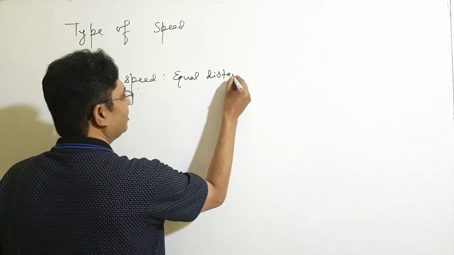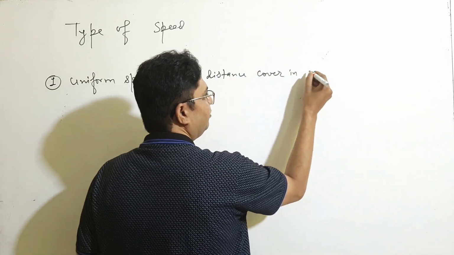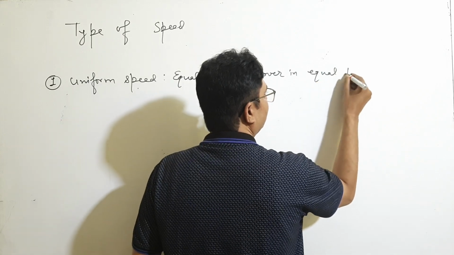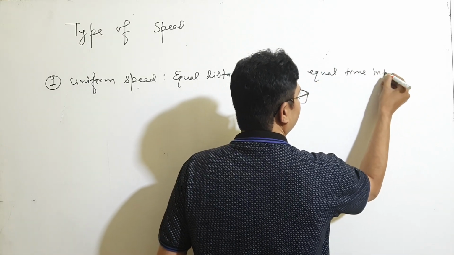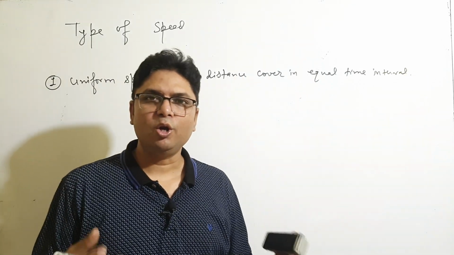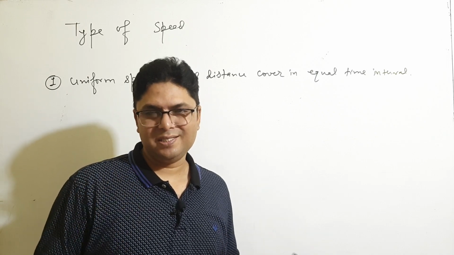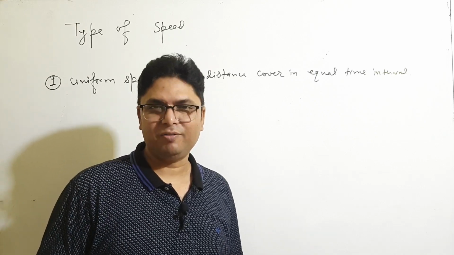So this is equal distance covered in equal time interval. Now next is non-uniform speed. This is unequal distance covered in equal intervals of time.